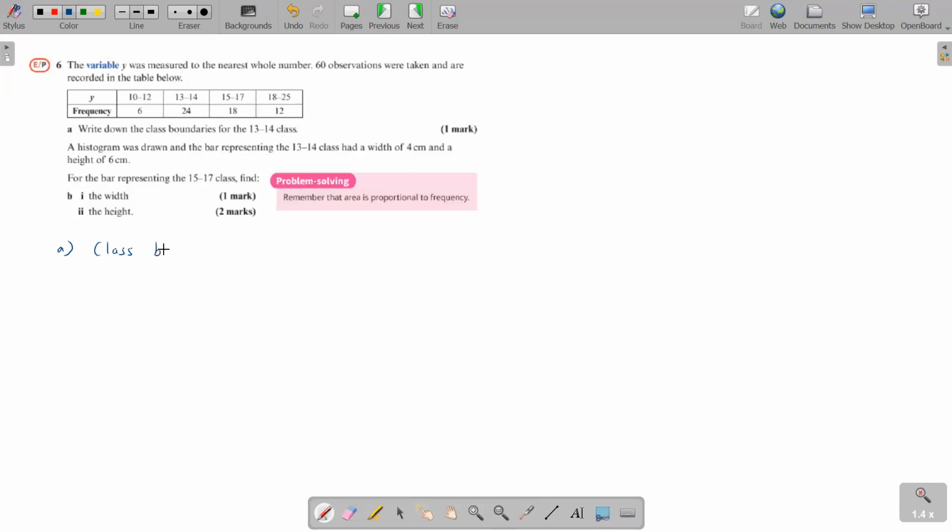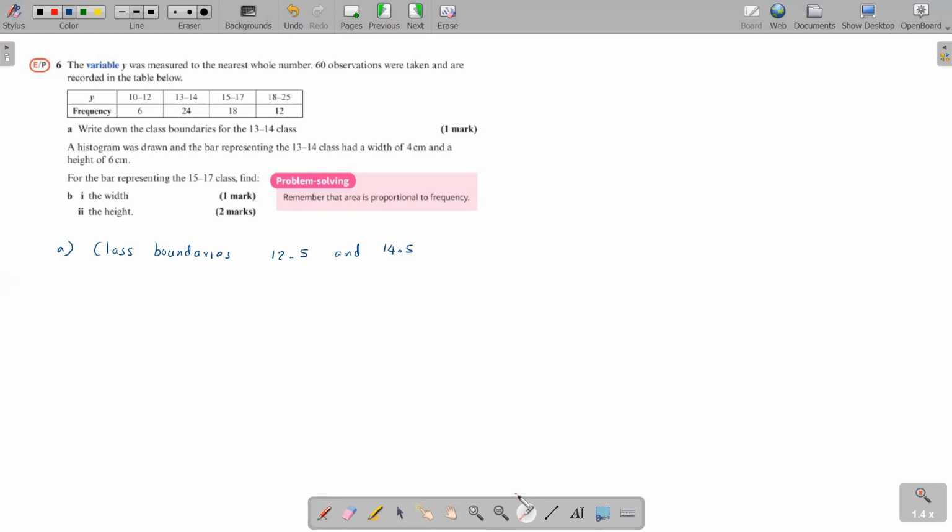So class boundaries: 13 becomes 12.5 and 14 becomes 14.5.